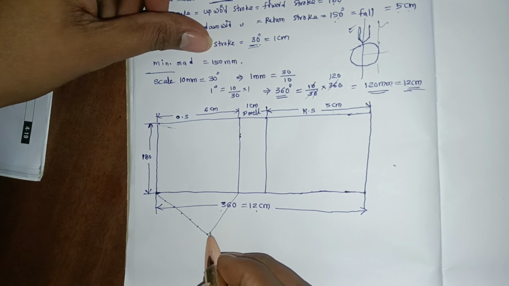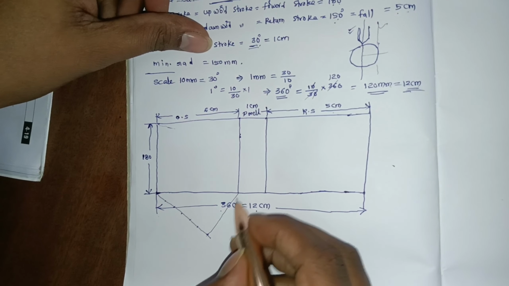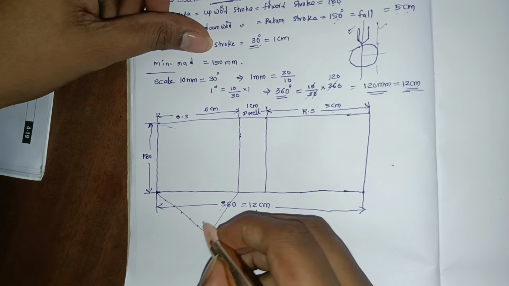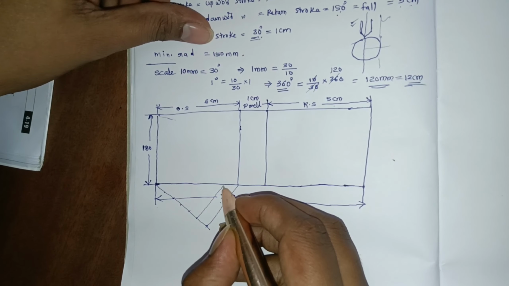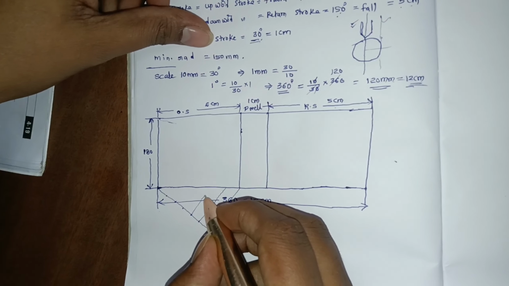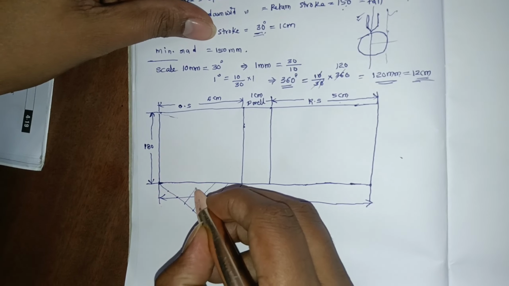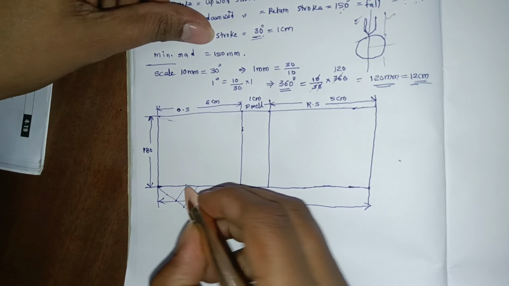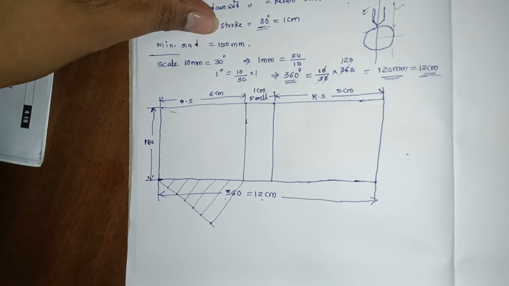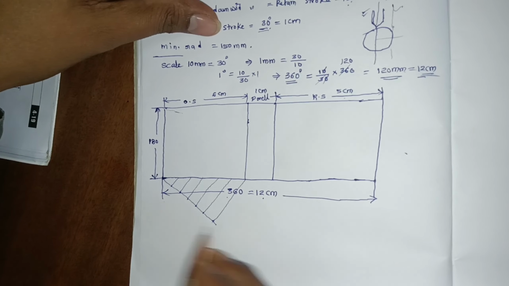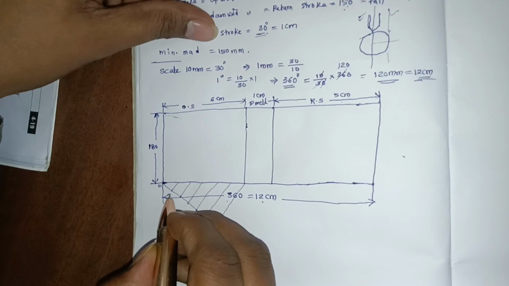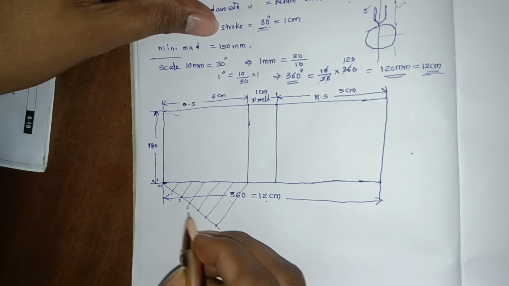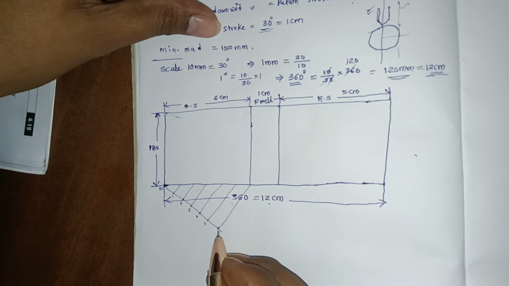Then you have to join the first end points. With the help of a drafter you can draw. You know this process already. Then draw parallel lines to this line. This line should be drawn as a light, thin line. You can give the names as 0, 1, 2, 3, 4, 5, 6.